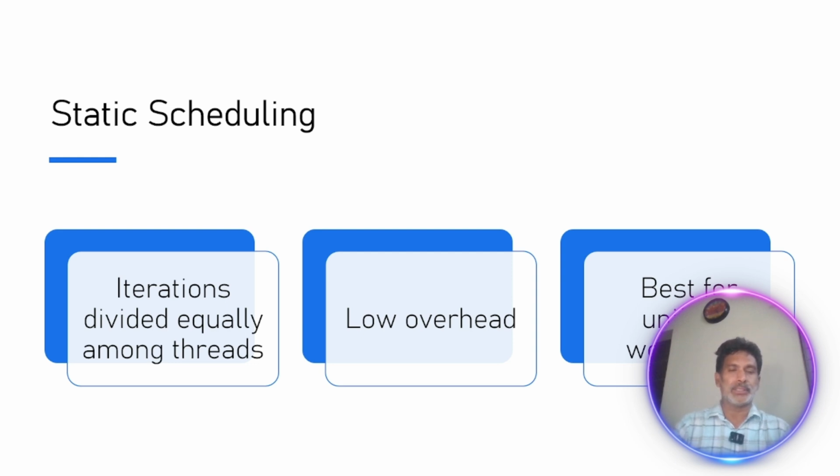The loop is partitioned so that iterations 1 to 250 would be executed by thread 1, and 250 to 500, that is 250 iterations, would be executed by the second thread. Then 500 to 750 iterations would be executed by thread 3, and the last 750 to 1000 iterations would be executed by thread 4.